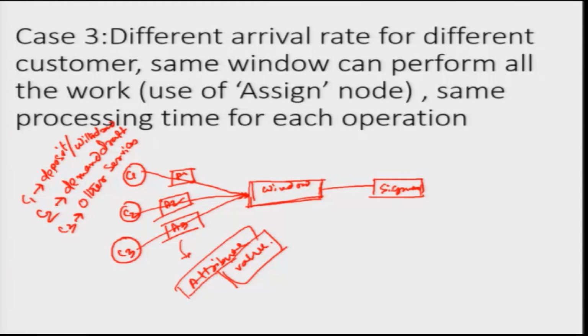So before the signature we will put another decision node, draft or not. If the customer wants to make a draft, they will go to get the signature done and exit.